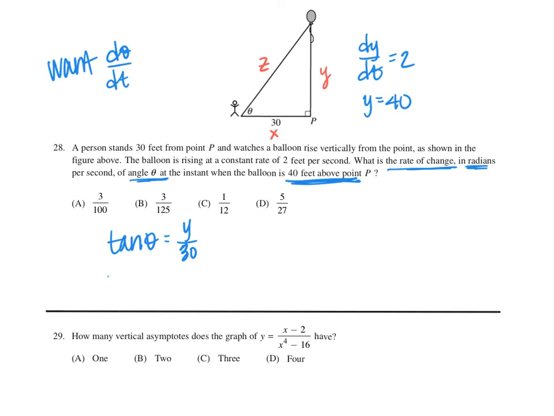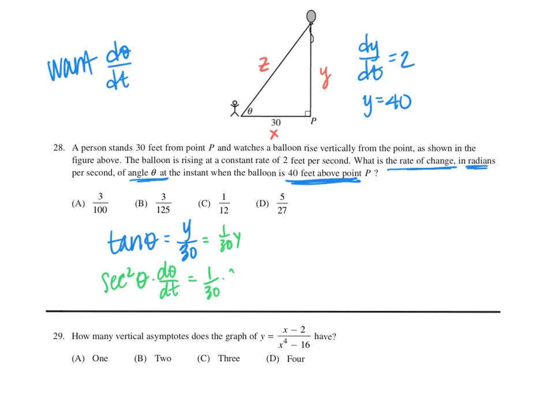The derivative of tangent is secant squared of my angle times the derivative of my angle, d theta/dt. That is what we want. Because I'm taking the derivative of y over 30, you could think of this as 1/30th y, and the derivative of that would be 1/30th.